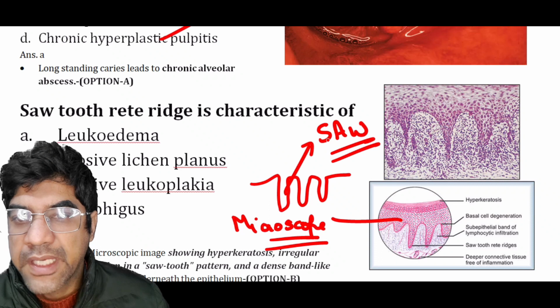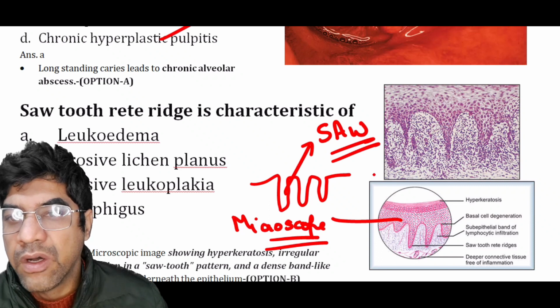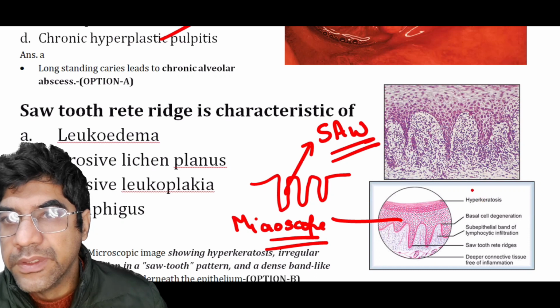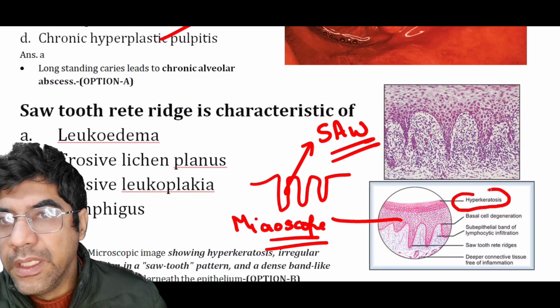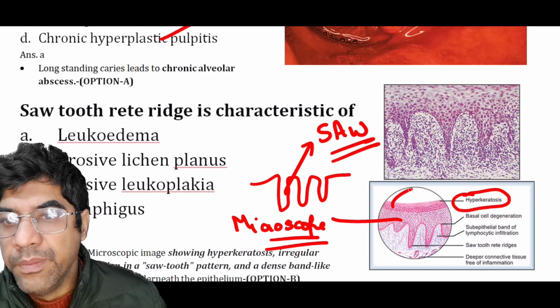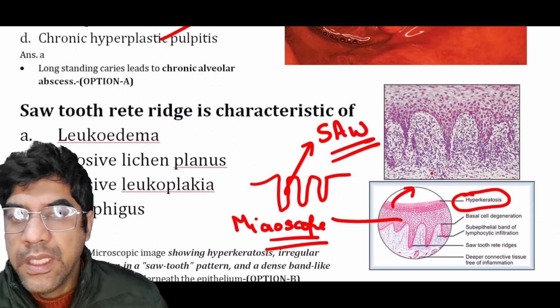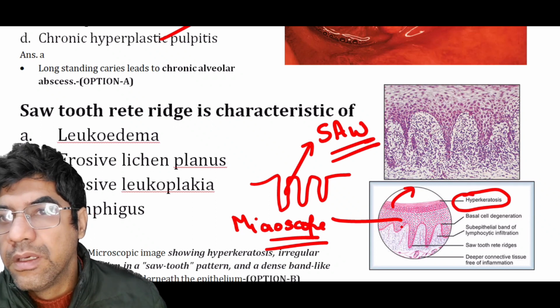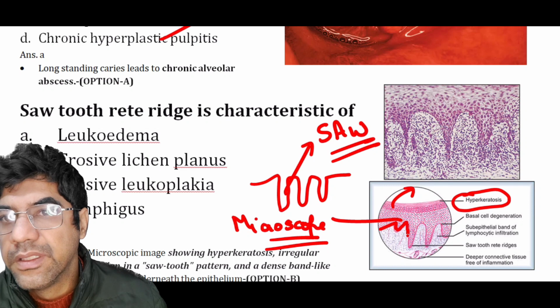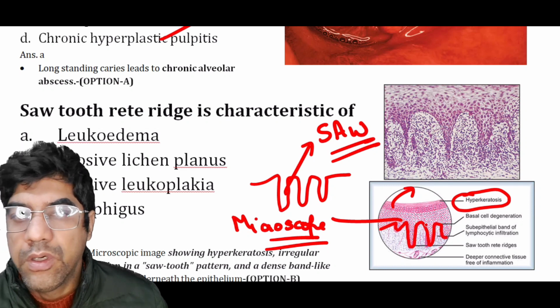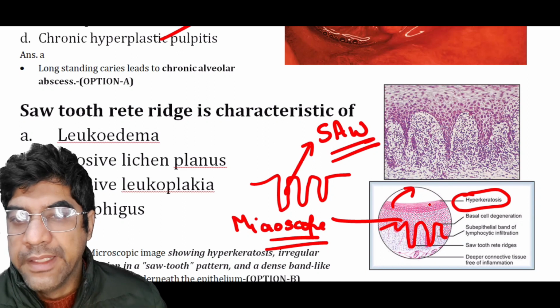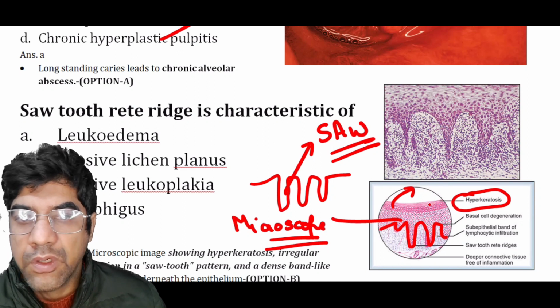This characteristic finding is a result of hyperkeratosis, so there would be a thickening of the outer layer of skin or mucosa, and irregular epithelial proliferation. The sawtooth pattern is observed along with other histological features.